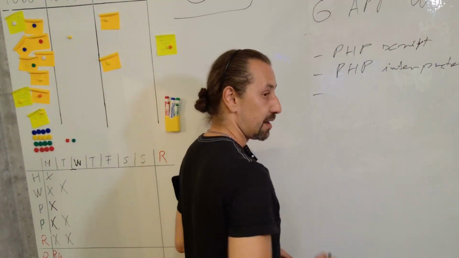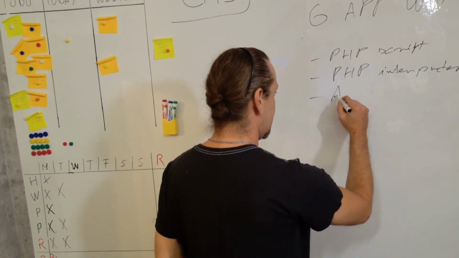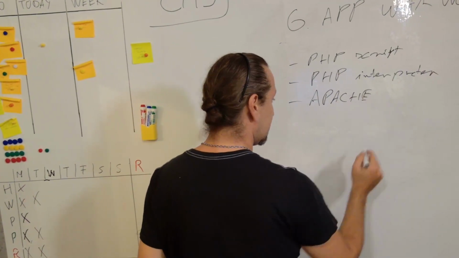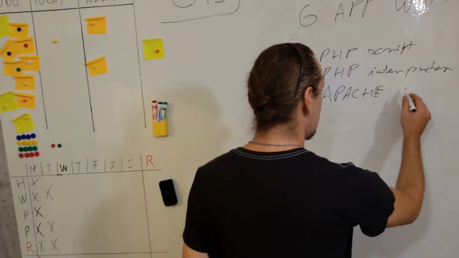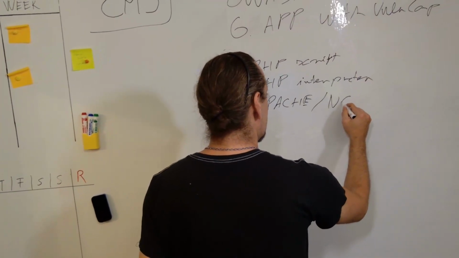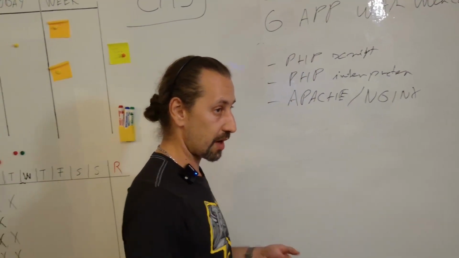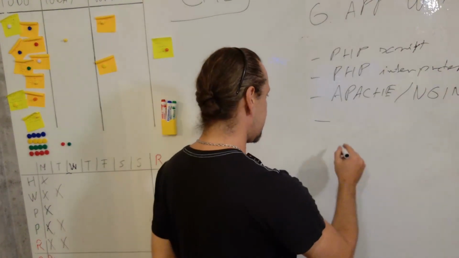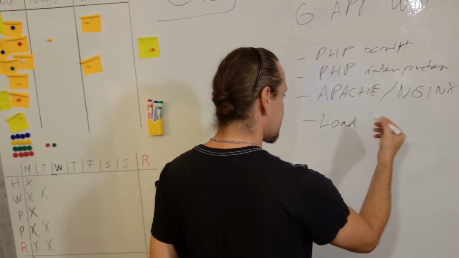Well, there are usually other things like Apache on the server that is capable of handling the web requests, or Nginx or another kind of solution. So there may be a load balancer on the server.